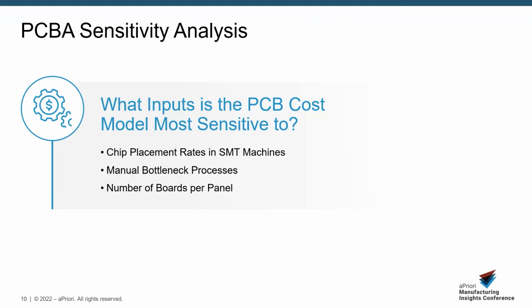So one of them is the chip placement rates on the SMT machines. So make sure that the rates in aPriori are realistic for the mix of boards that you have. So if you've got low volume, high mix, the chip placement rates may need to be lower than what aPriori has. If you've got high volume, low mix, you may have higher placement rates.